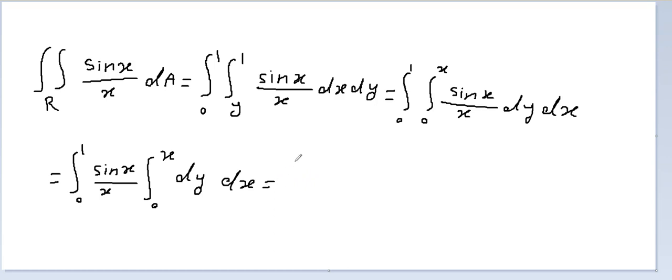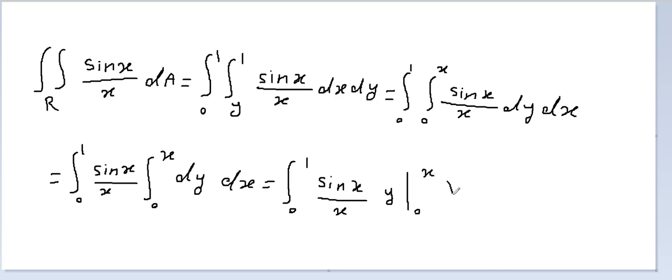So we have integral from 0 to 1 sine x over x. Now look at here, the integral dy from 0 to x equals what? This equals y from 0 to x, right?